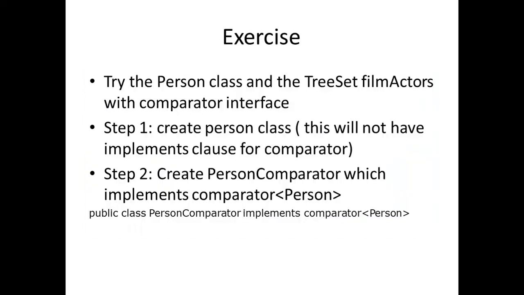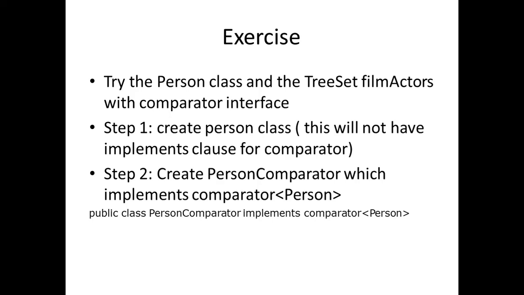And now lastly, you have to try this exercise. In the earlier video which we saw for the comparable interface, there was a Person class and the TreeSet of film actors was there in the TestTreeSet class or TreeSetDemo class. We found that we need to write Person class implements Comparable.